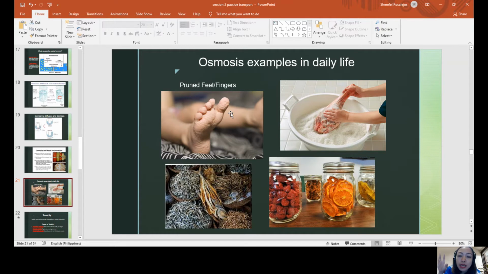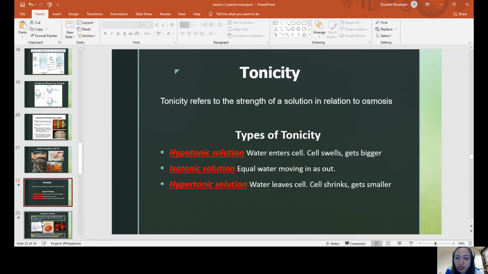Remember that osmosis is the diffusion of water molecules, meaning the solvent is what moves, and we have this water potential capacity. Okay, another subtopic is tonicity, that is the strength of a solution in relation to osmosis.